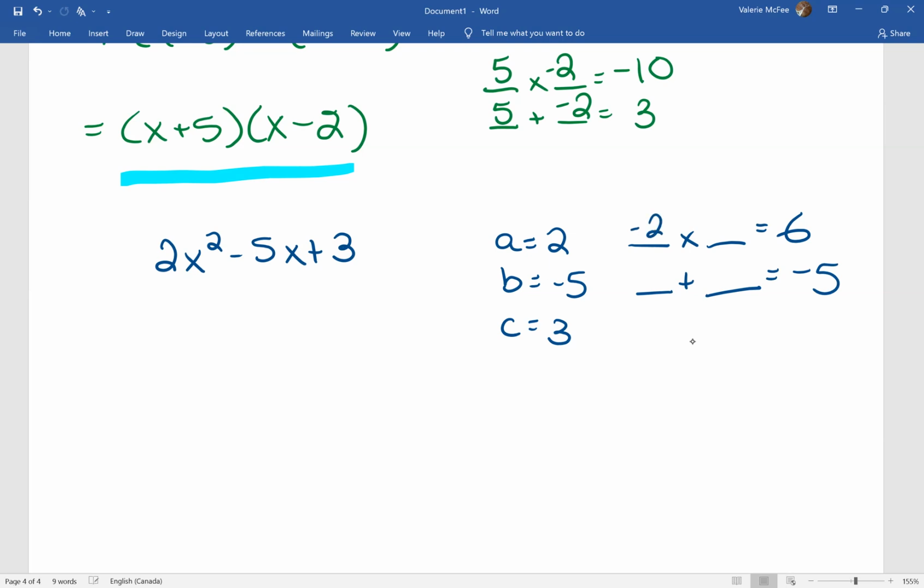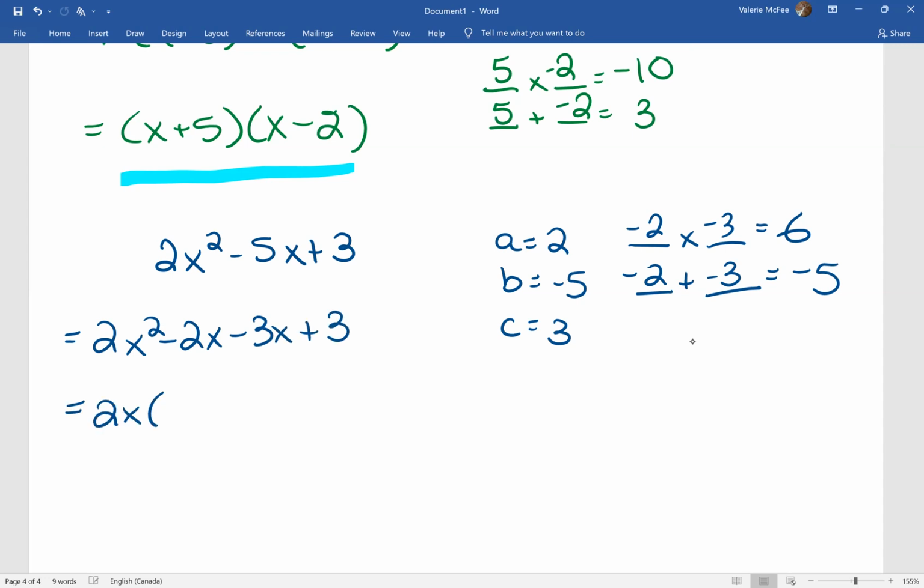I think this is our -2 and -3 again. Two x is common in the first two terms. -3 is common in the last two terms.